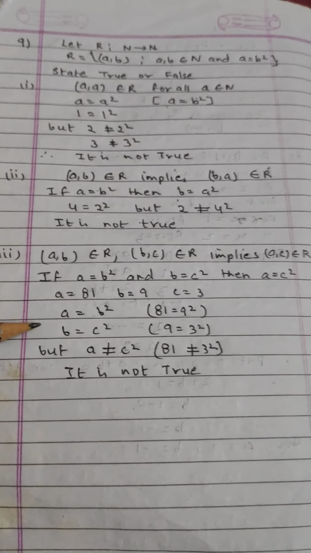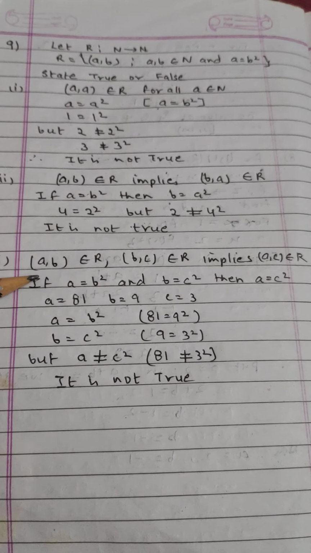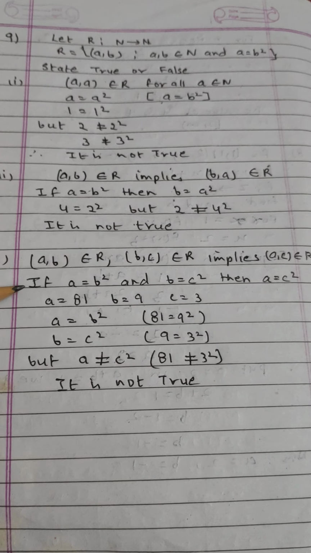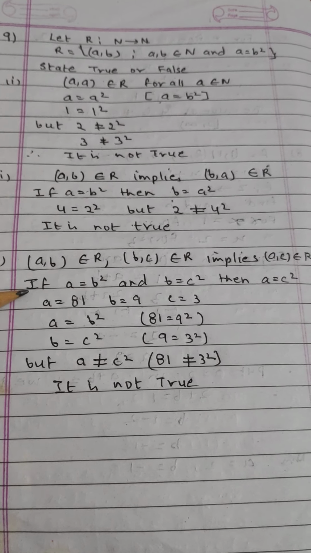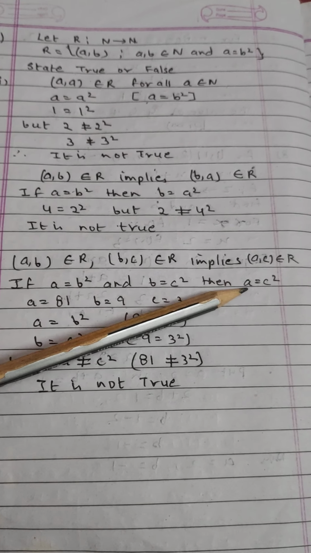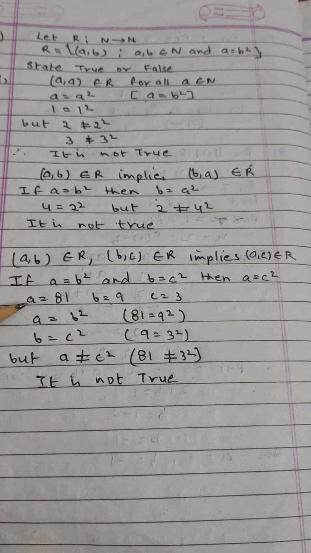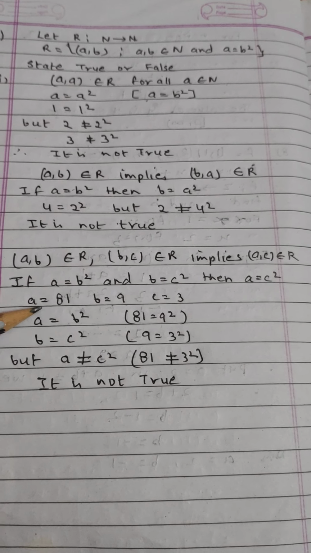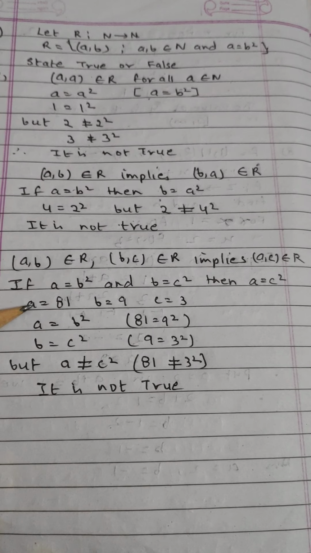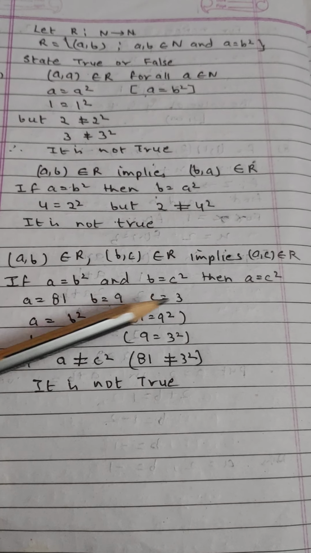Third part, AB belongs to R, BC belongs to R implies AC belongs to R. If A is equal to B square and B is equal to C square, then A is equal to C square. This is what we have to check. We take A is equal to 81, B is 9 and C is 3. Why? A is equal to B square and B is equal to C square.